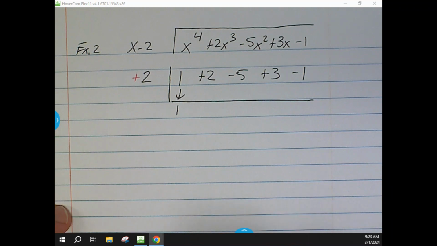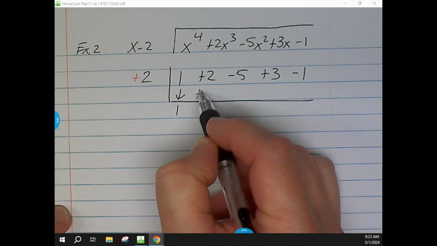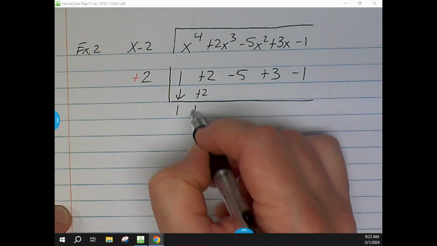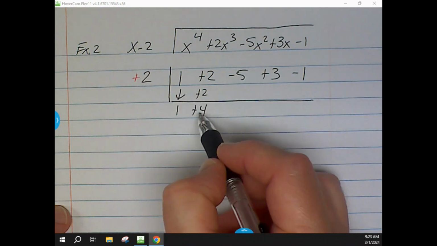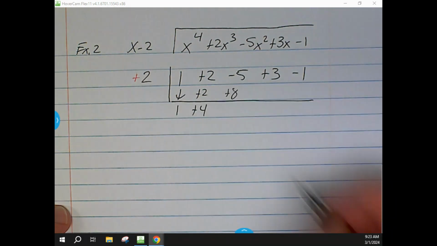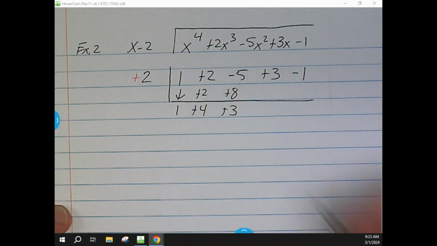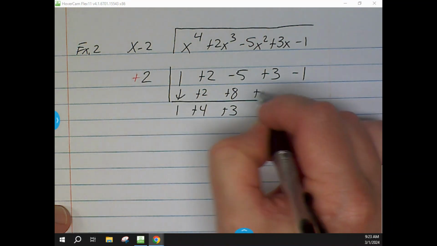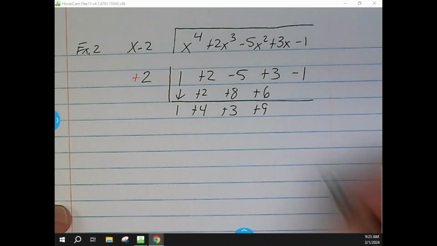And here's where the math gets really easy. It's 1 times 2, which is 2. Add or subtract: 2 plus 2 is 4. 2 times 4 is 8. 8 minus 5 is a positive 3. 2 times 3 is 6. 6 plus 3 is 9.